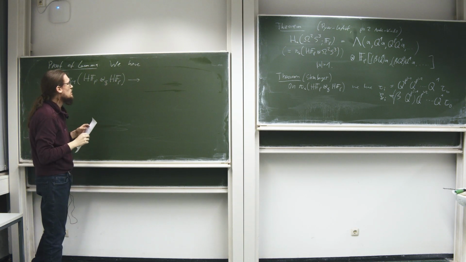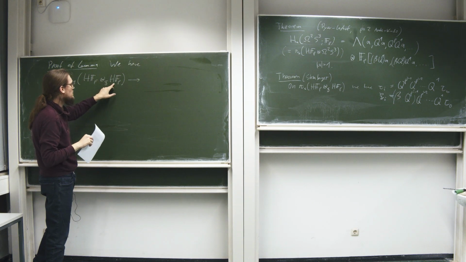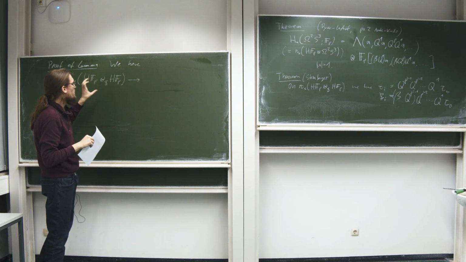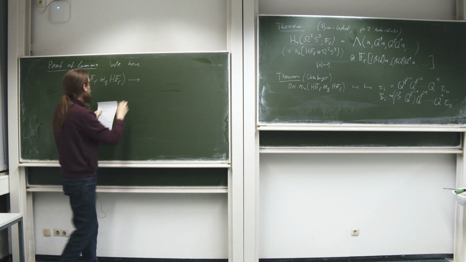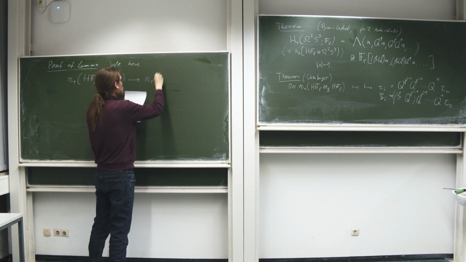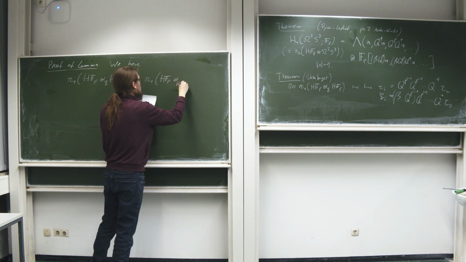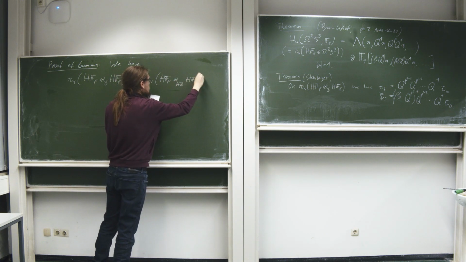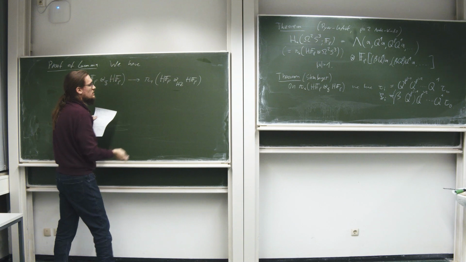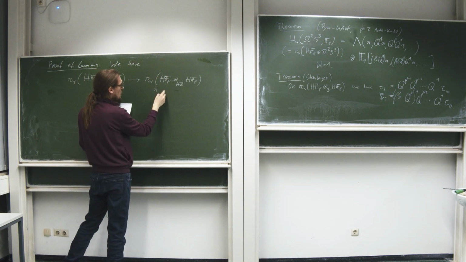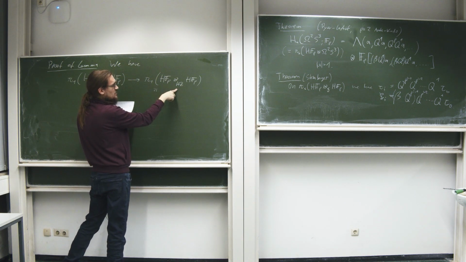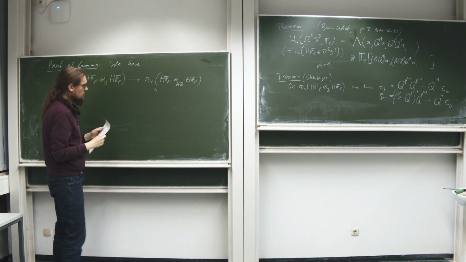That's just because the action of S on HFP factors through HZ. So this maps to HFP tensored over HZ with HFP. And this now is something we can explicitly compute, right?